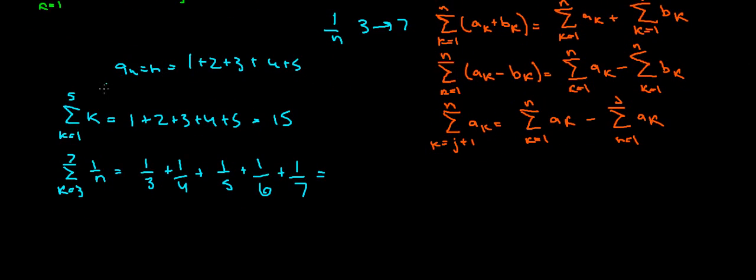So if I go back to my example where I have the summation of k, and let's say it was being multiplied by a constant of 2, then I would have 2 times 1, 2 times 2, 2 times 3, 2 times 4, 2 times 5, and it's pretty easy to see that it's going to be equal to 30 instead of 15. I was about to write 15 again, but I caught myself.